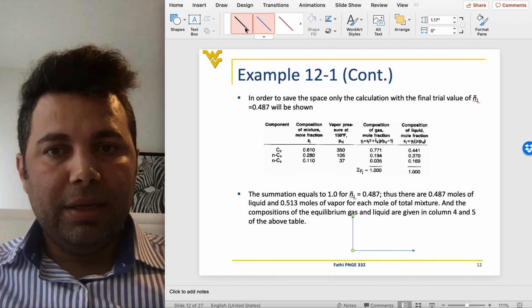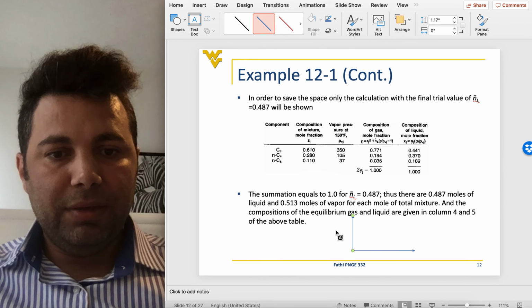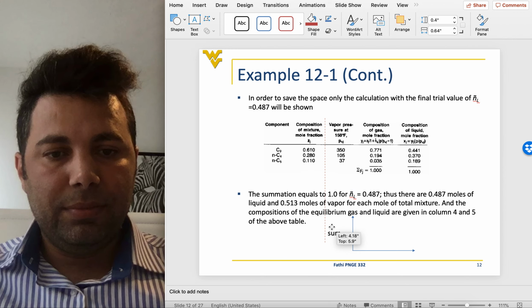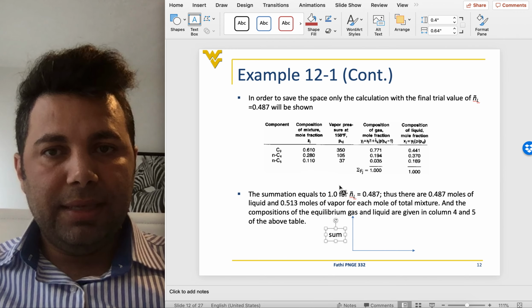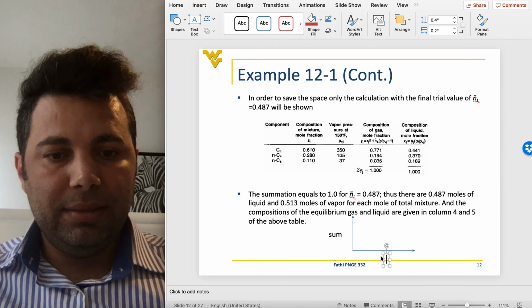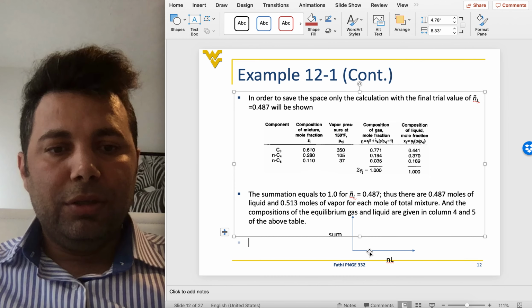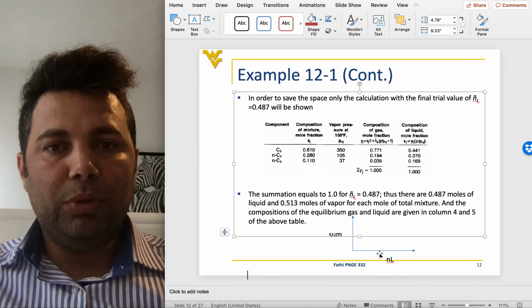I could say I want to have in the y-axis the summation, and the x-axis, let's say in this case, NL. So I'm going to guess a value. Let's say I'm assuming the first NL being 0.5.